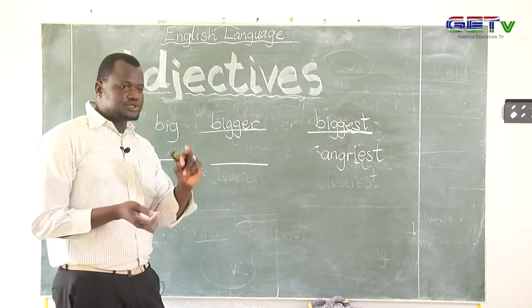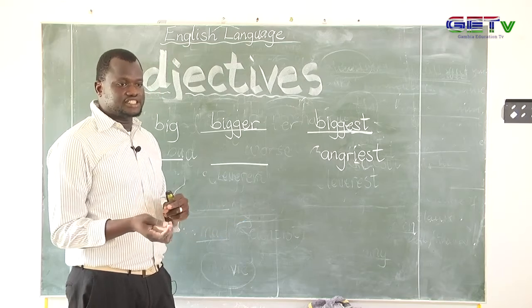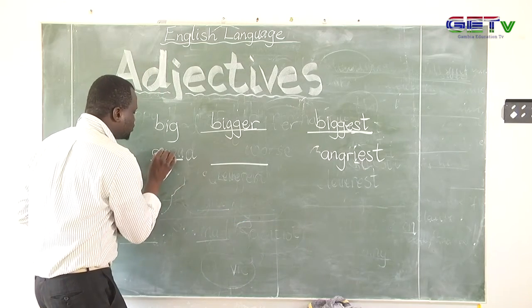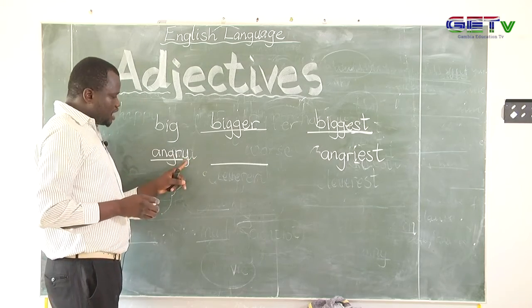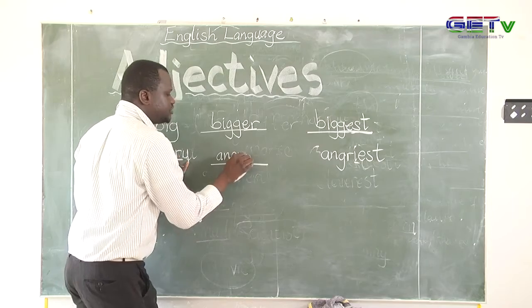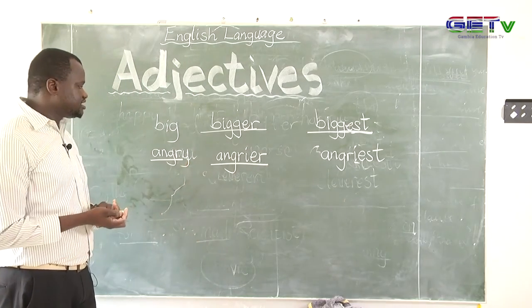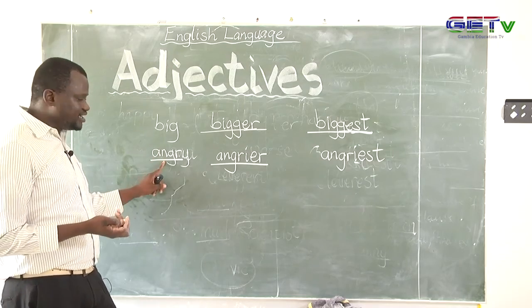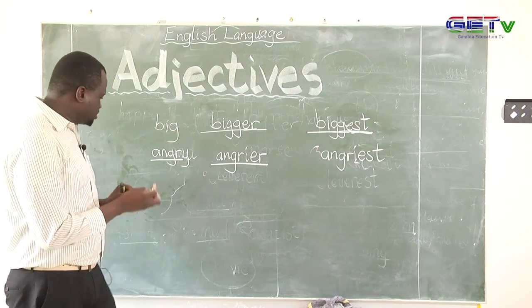When a word ends with Y, we change the Y to I before we add ER or EST. So that tells us that the original word will be angry. And that Y is what we are going to change now to I and add ER to form the comparative. Now we have angry, angrier, angriest.